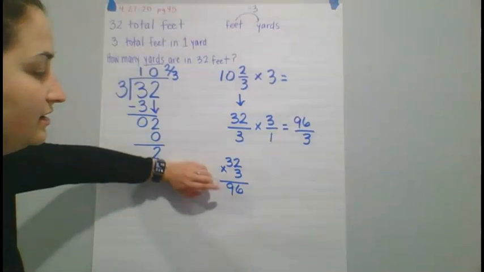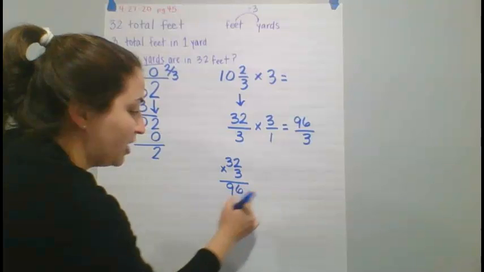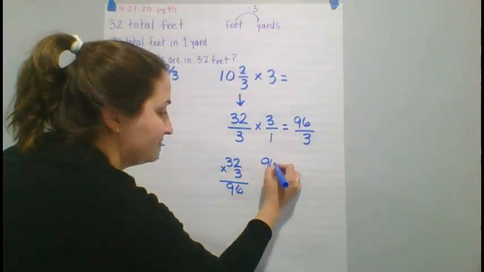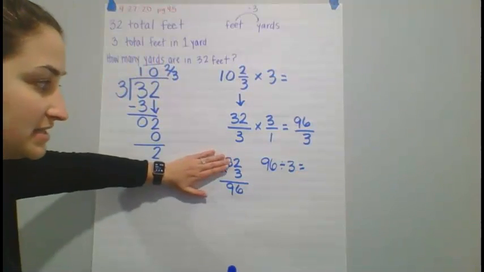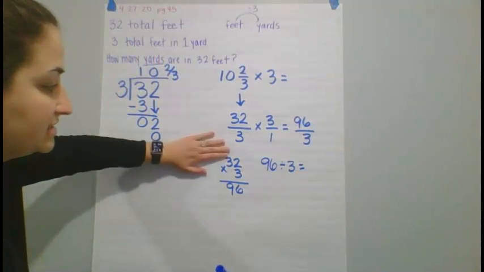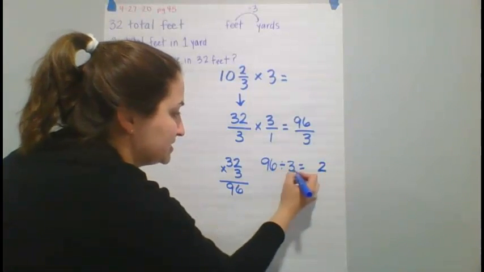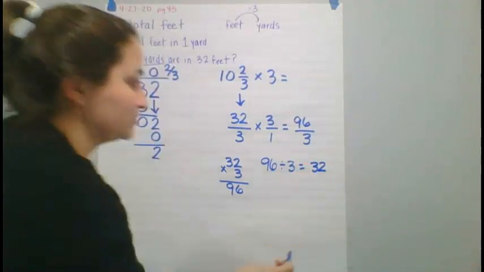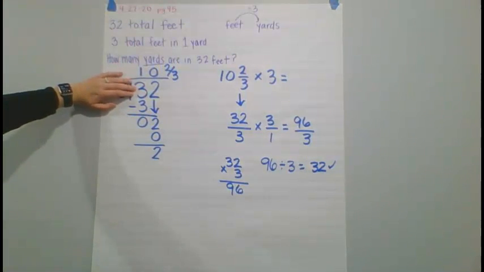Now we want to take 96 and divide it by 3. We have 96 divided by 3 basically right in front of us because this problem is turned around. So 3 goes into 6 2 times, 3 goes into 9 3 times, which gives us 32, which gives us the correct answer here.